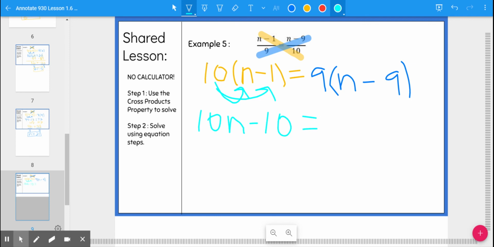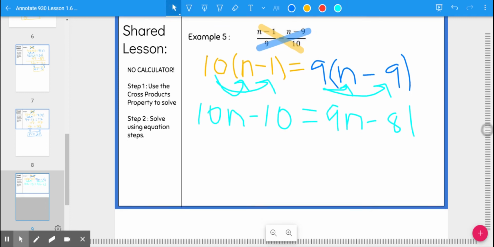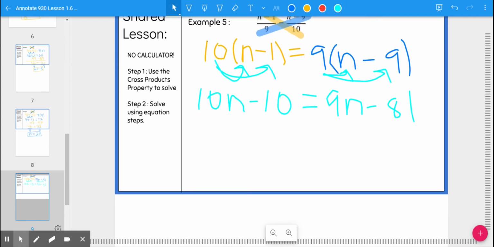Now we need to distribute on the other side as well. So we are going to do 9 times n, which is 9n, and 9 times negative 9, which gives us negative 81. Now, going back to our solving equation steps, we want to get the variable on one side.